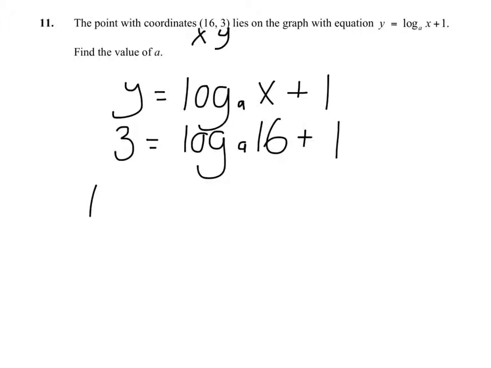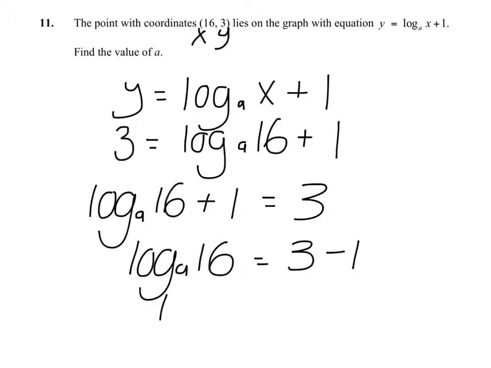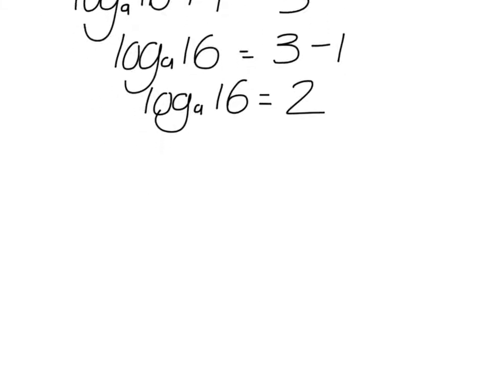Writing that round the other way, we get log 16 to the base a plus 1 equals 3. So that's log 16 to the base a equals 3 take away 1, which means log 16 to the base a equals 2. Move that up.